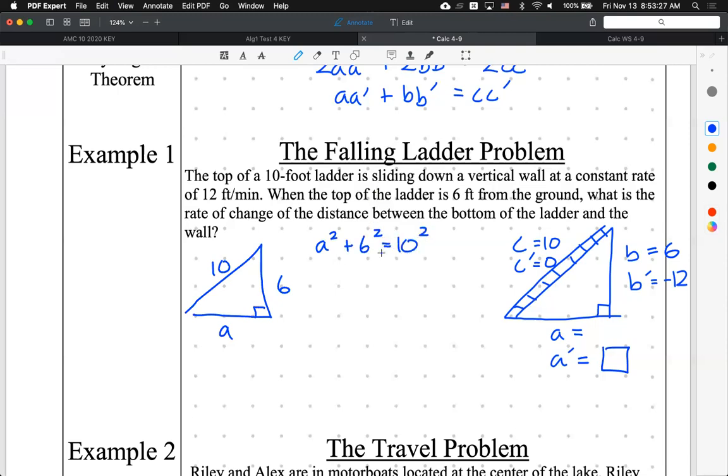Help us out, Fiona. And therefore, A squared is equal to, therefore, A is equal to, yep. And technically it's plus or minus 8, but since the domain, it doesn't make sense to have a -8 distance. Yeah, 8. So we can come back here and put that in our problem. A is equal to 8.